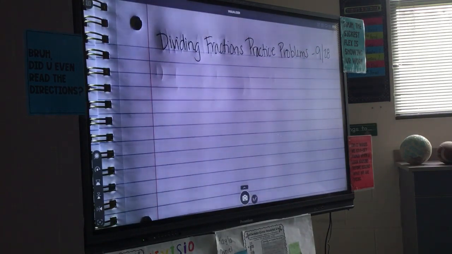Again, once you get this glued in, you should be copying this down on the next blank right page.